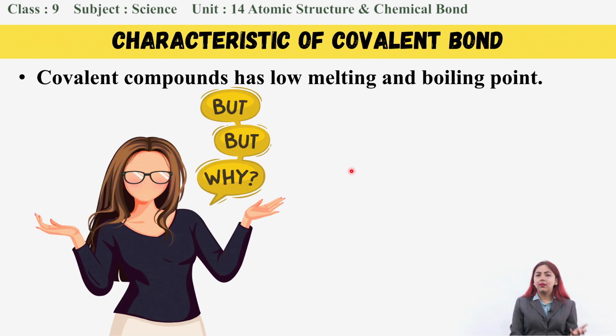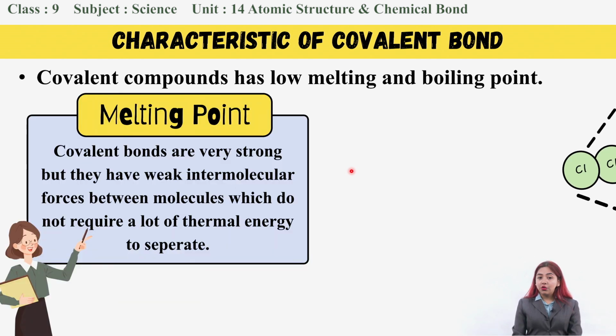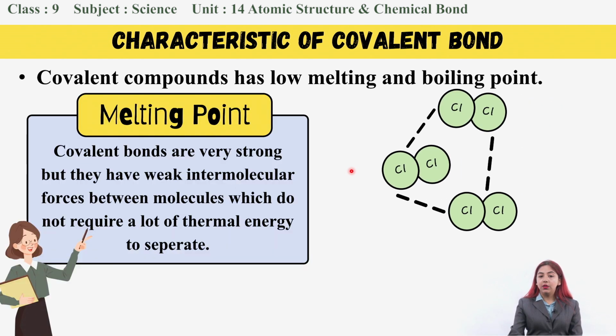But why does a covalent compound have a low melting and boiling point even though the bond between the 2 atoms is strong? It is because even though the covalent bond is very strong, the intermolecular force is weak. Here, Cl and Cl have a covalent bond between them.